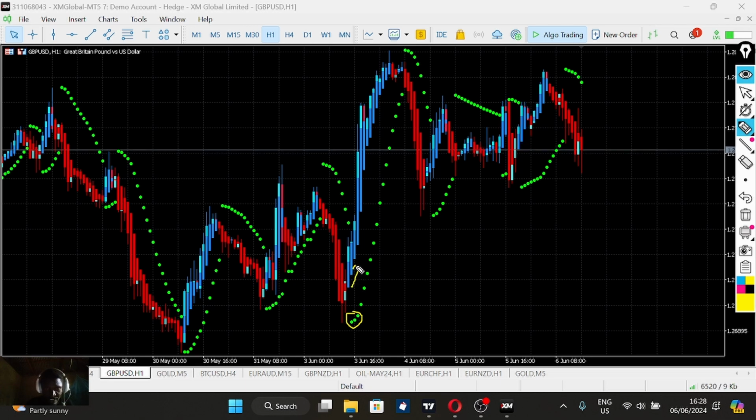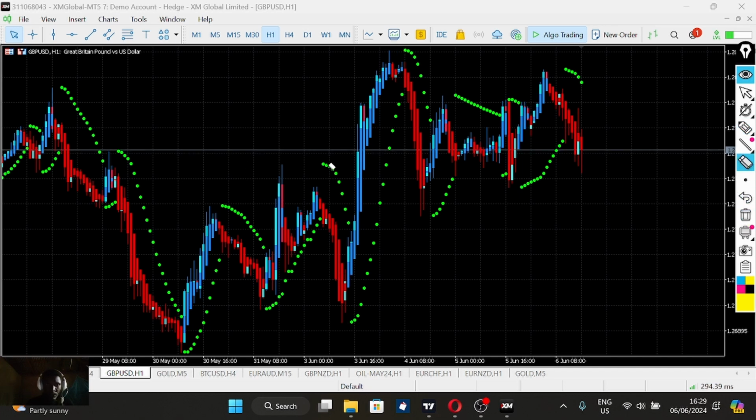This is an indication that the market is rising and our entry point should be somewhere here. Now, to exit this market, we need to wait and see a parabolic above the market, and the candle should change to red. So this will be our exit point.